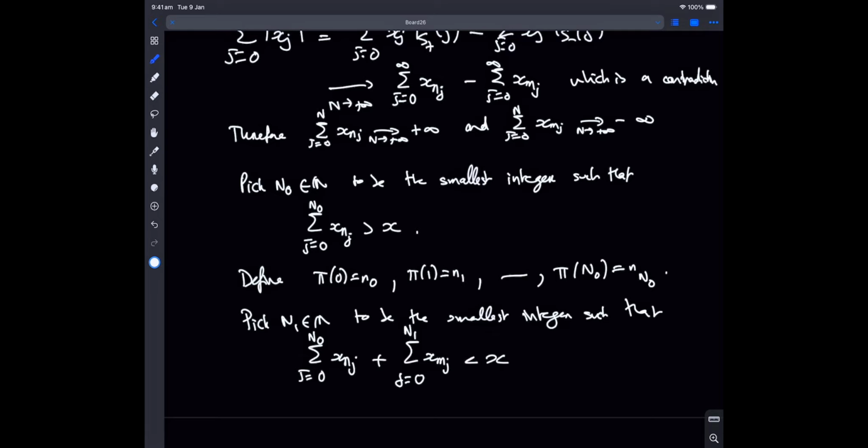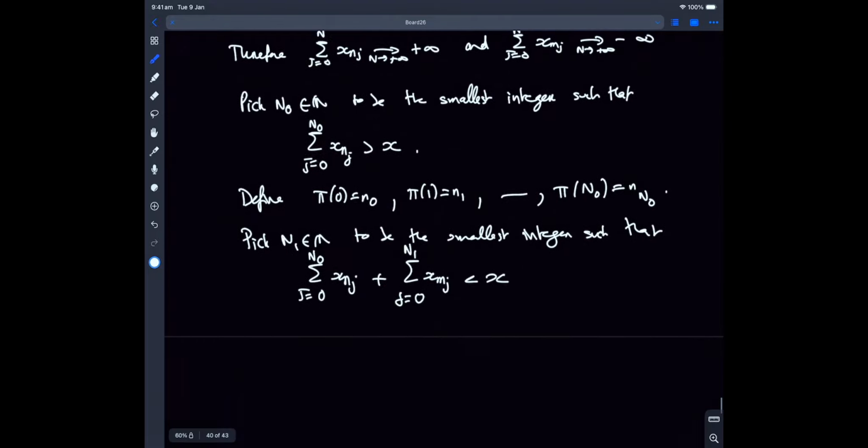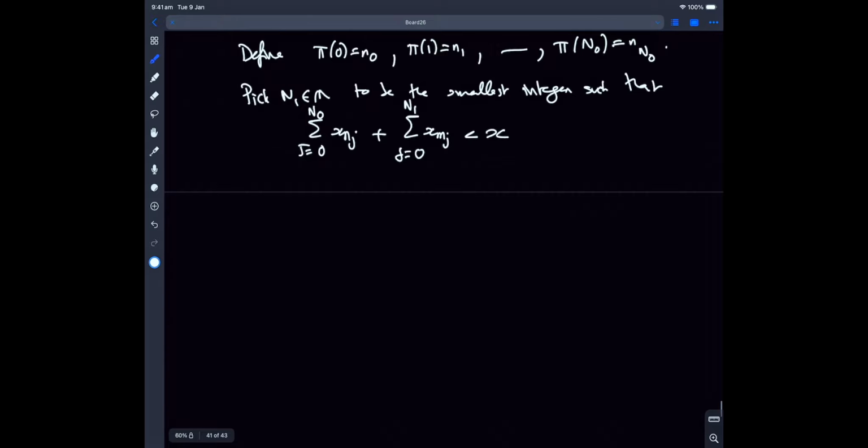And I know I can do that, again, because the sum of the x_{m_j} goes to minus infinity, so I can subtract whatever is needed to get below x. As soon as I've gone below x, I stop. And now I'm going to iterate this procedure. Okay, now this defines the next elements of my bijection.